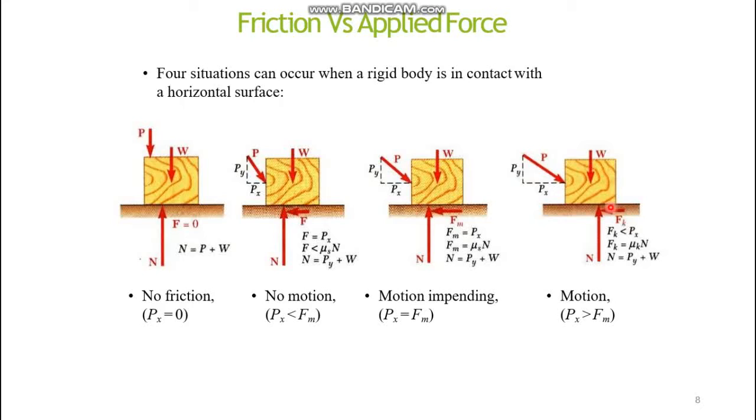Your frictional force acts in the opposite direction of the force, and Fk, that means this frictional force, is less than this Px force. So obviously this horizontal force will tend to start the body moving in this direction, so there will be motion.